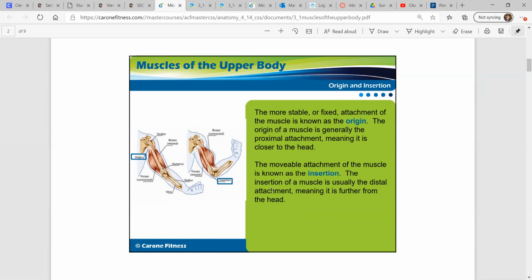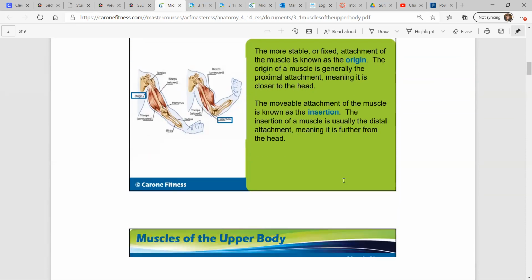The movable attachment of the muscle is known as the insertion. The insertion of a muscle is usually the distal attachment, meaning it is further from the head. So here's the insertion. Origin up here, insertion further away from the body.